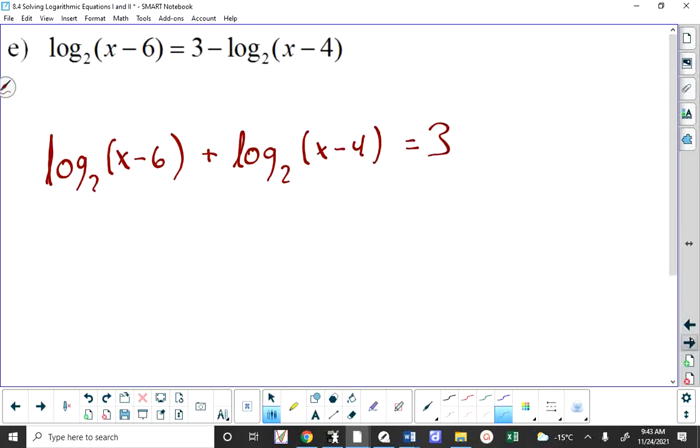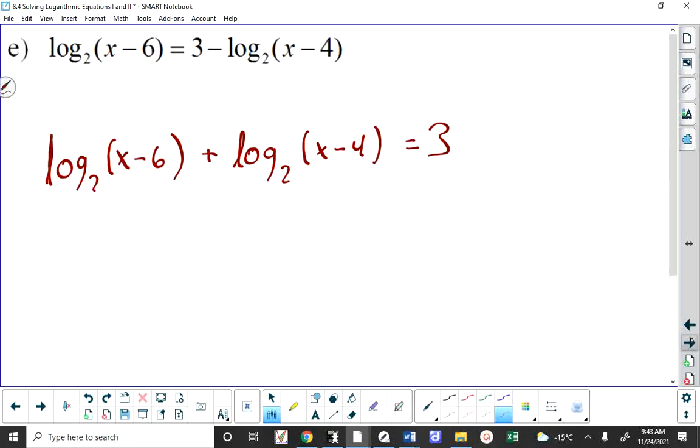Again, I can't unpack this into an equation that's solvable until I have a single log equals a non-log. I know I'm getting boringly repetitive, but you have to get a single log equals a single log and then drop the logs, or you have to get a single log equals a non-log and rewrite it in exponential form.